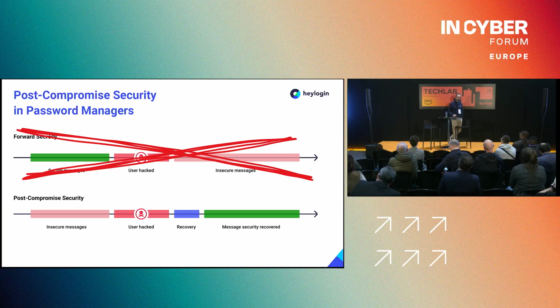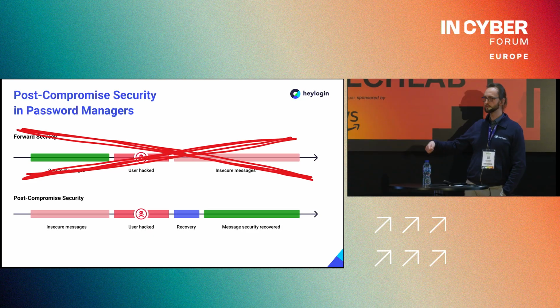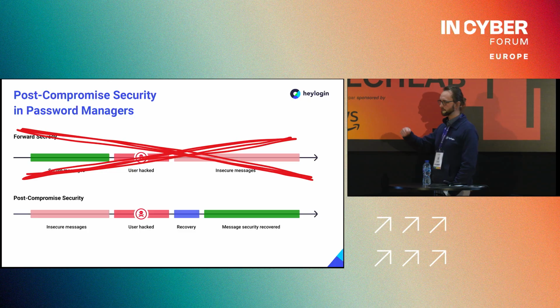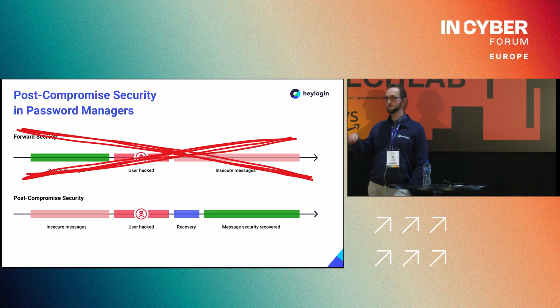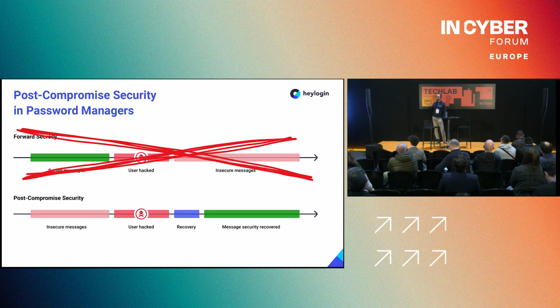But a lot of password managers are not re-encrypting the whole vault with the new master password. They're just deriving a new key and also using that new key to encrypt the vault. But it's still possible to decrypt the vault with the old master password. So a lot of password managers don't have post-compromise security.